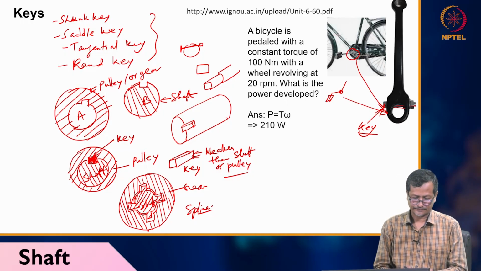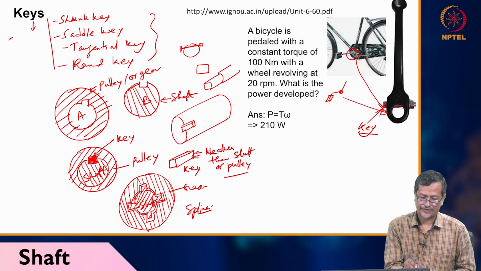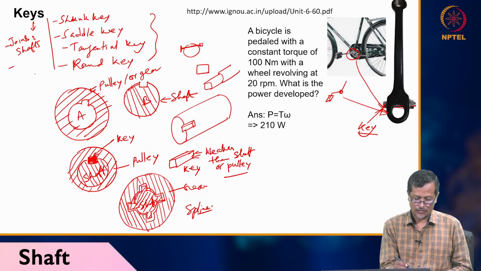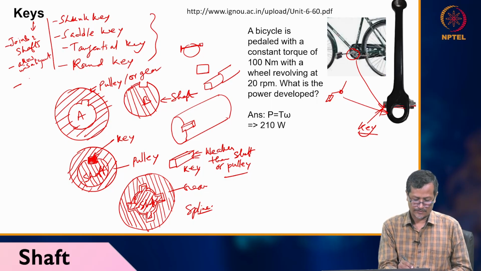Okay, so the key purpose is joining two shafts. So the purpose of the key is it joins two shafts and allows misalignment and flexibility or relative motion, flexibility.